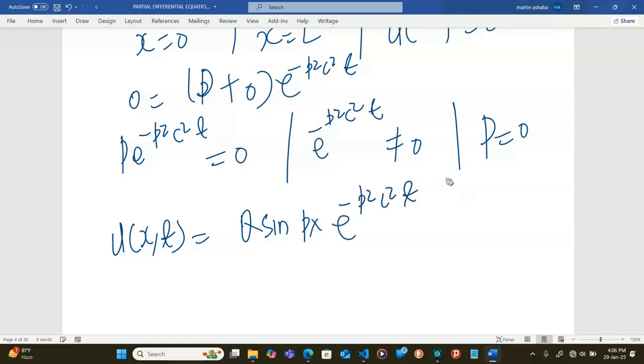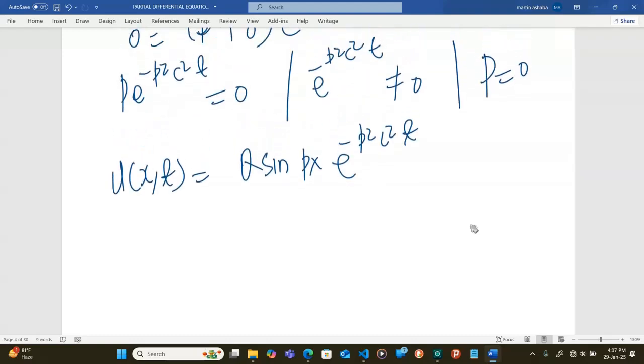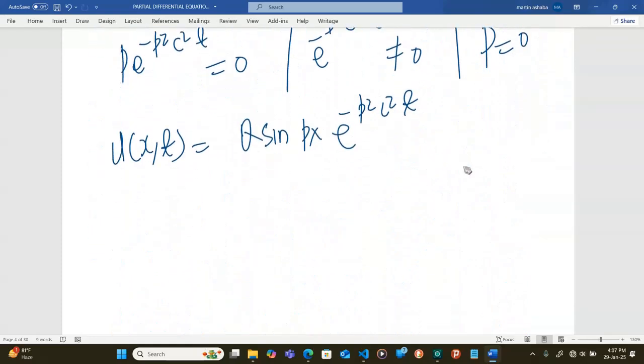Okay, so once we reach here, we need to apply the second boundary condition. We need to apply now the fact that u(L,t) is equal to 0.